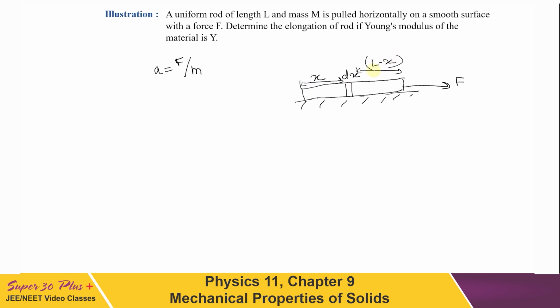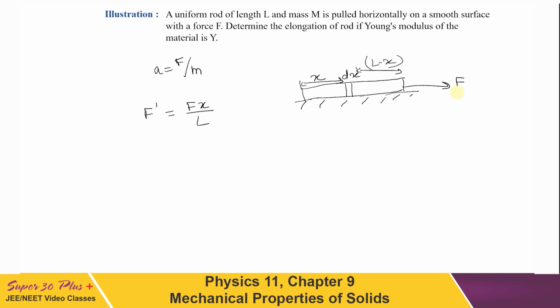So if we consider a cross section taken at a distance x from the free end, then to determine the total elongation of the rod, we have to consider the elongation in this small element dx. If we consider the force at this distance, then F' should be equal to F into x by L, because over the length L the force has increased from 0 to F.